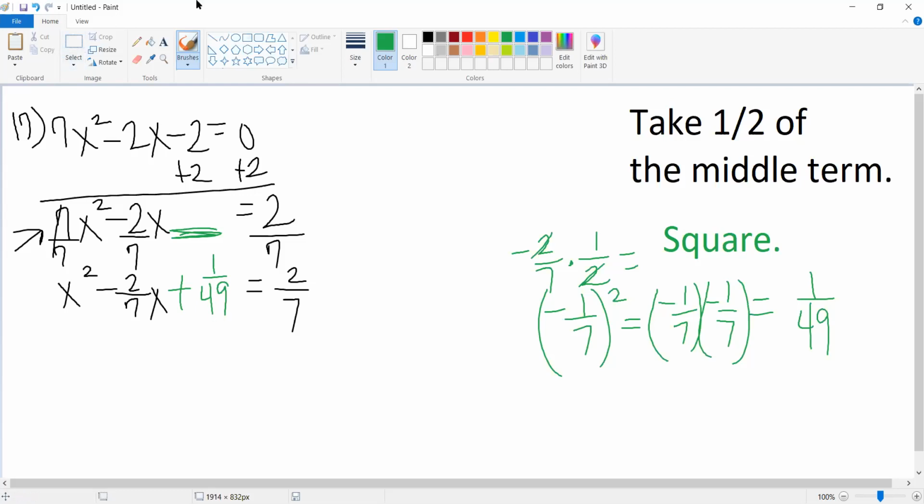Now, of course, whatever you do to one side, we have to do the same thing to the other. So if I added 1 over 49 to the left side, then I got to add 1 over 49 to the right side.